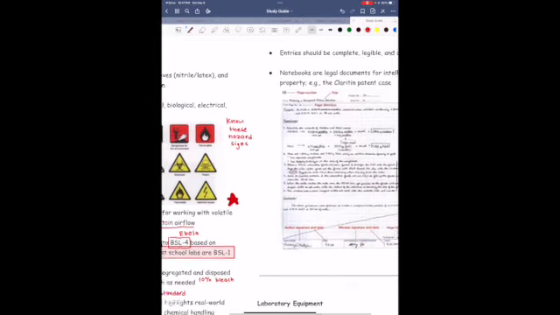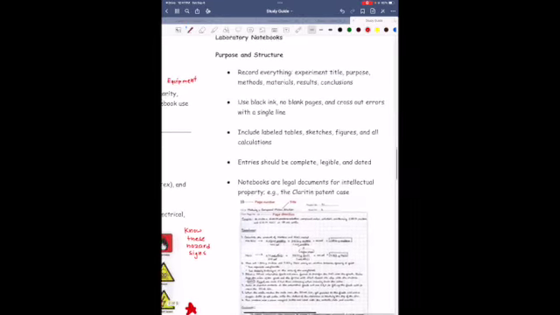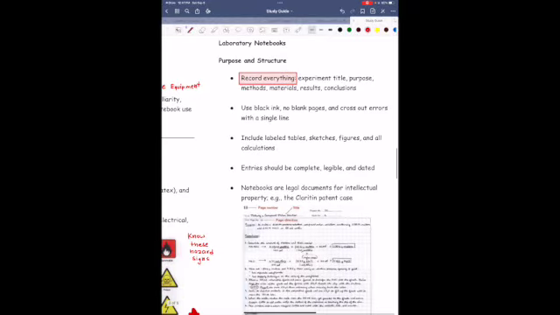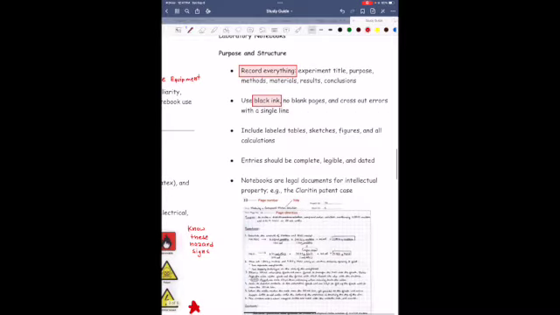All right, now let's talk about maintaining the lab notebook. The key thing is that you want to record every single thing you do in your lab: the title of the lab, the purpose, methods, materials, results, and conclusion. A big thing about lab notebooks is that they have to be in black ink, and errors must always be crossed out with a single line.